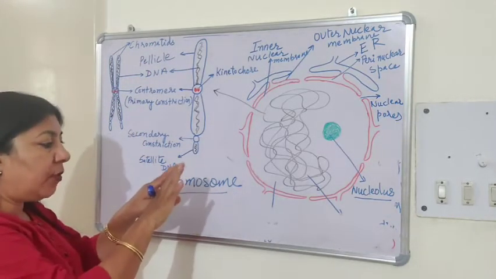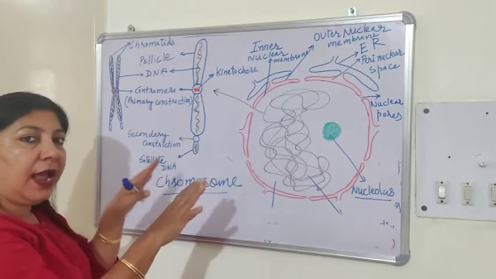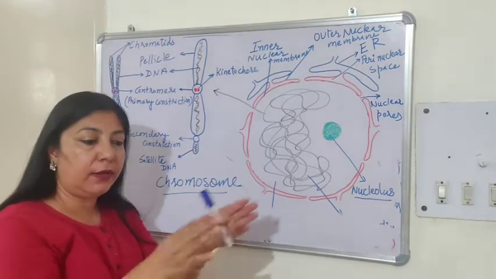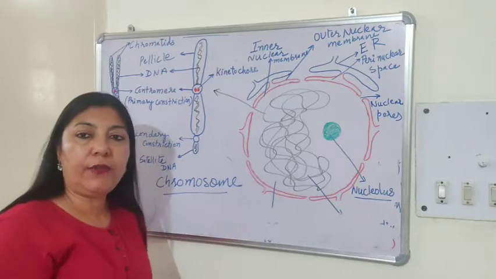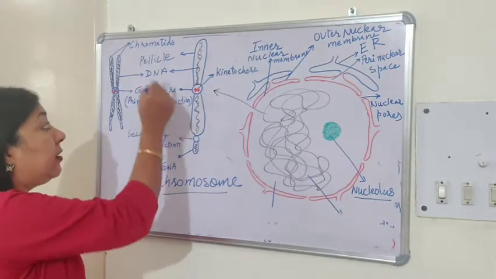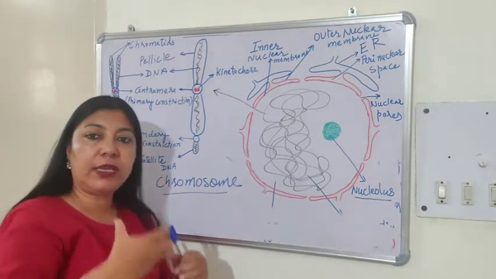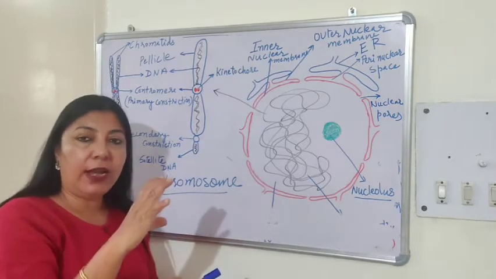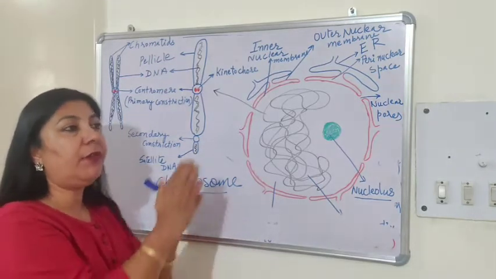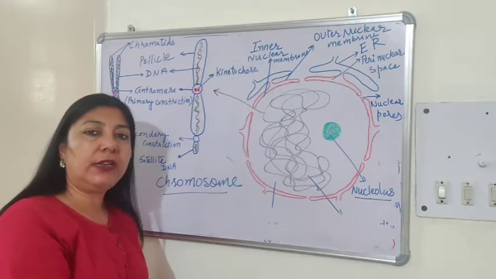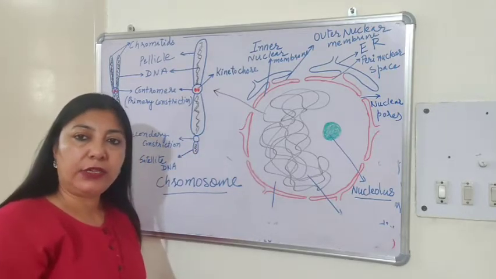Later on, these chromatids will separate and go into two different cells. This is the reason why the chromosomes get condensed and coiled in a form which can be passed on from one cell to another during cell division.